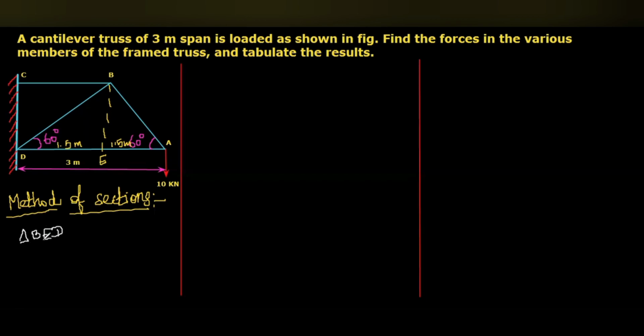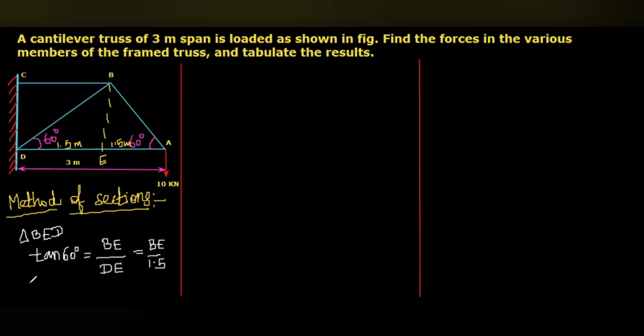So here we can use the trigonometry principle, tan 60 degree, that is opposite side BE divided by the adjacent side DE. Here we need BE, and DE equals 1.5, so tan 60 equals BE by 1.5.